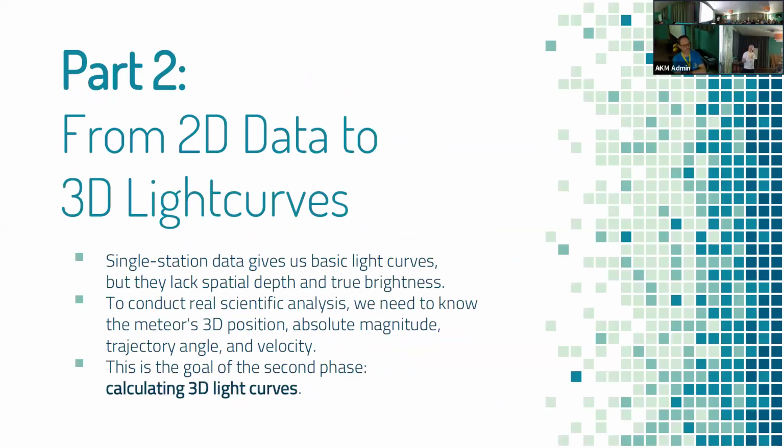But single station data give us only basic light curves, and they lack spatial data and absolute brightnesses. To conduct real scientific analysis, we need to know the meteor's 3D position, absolute magnitude, trajectory, angle, and velocity. This is the goal of the second phase, calculating 3D curves.